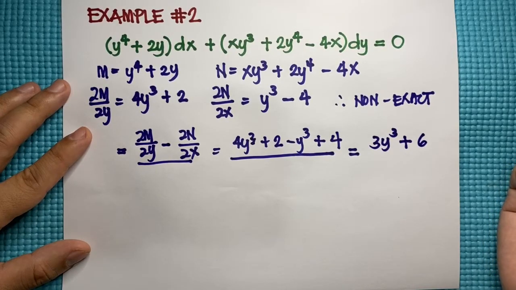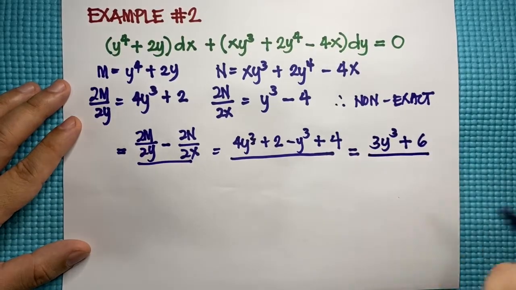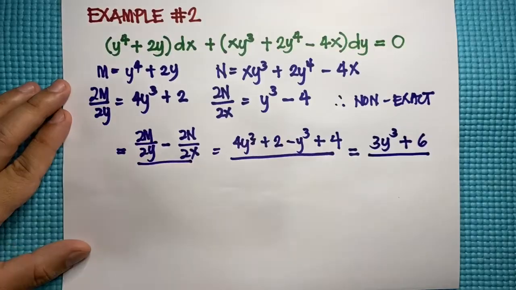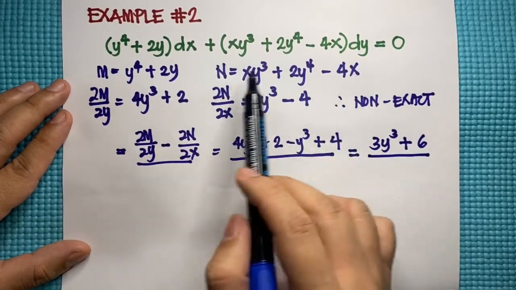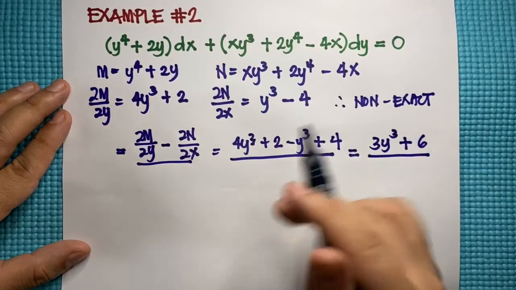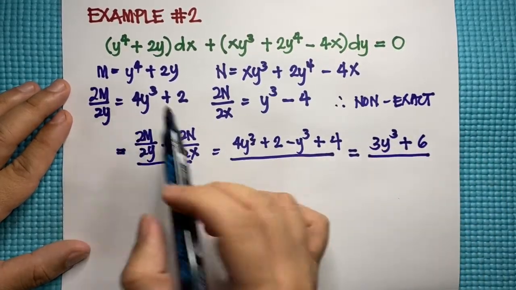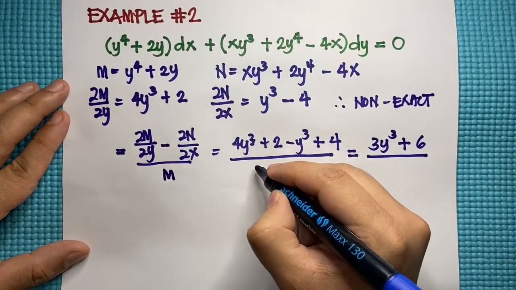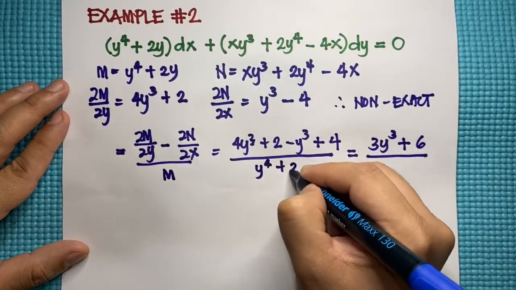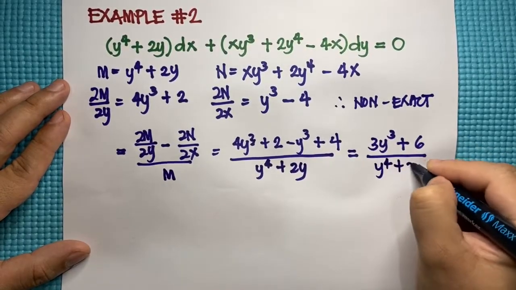Okay? So what are we going to divide? Are we going to divide it with M, or are we going to divide it with N? So usually N is too complicated, there are three terms. I only have two terms here. So I guess the more logical one is to divide it with M, so in this case that would be y to the fourth plus 2y.